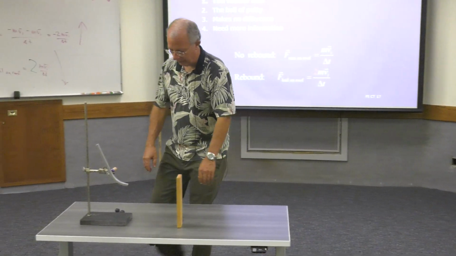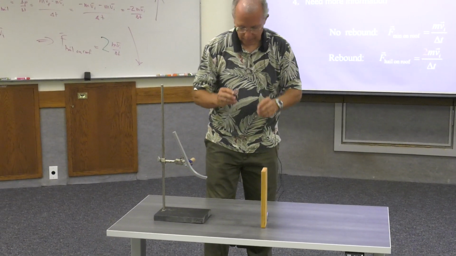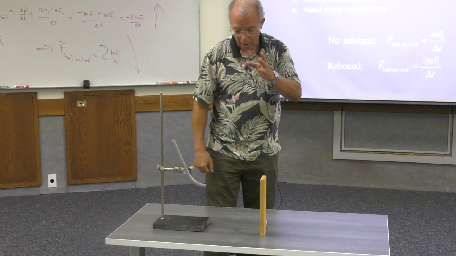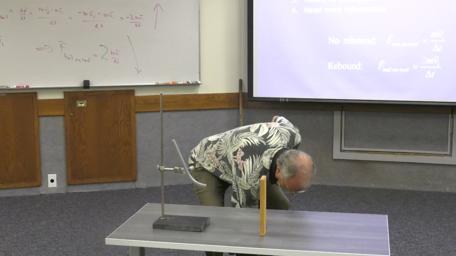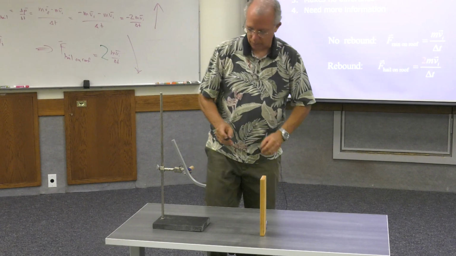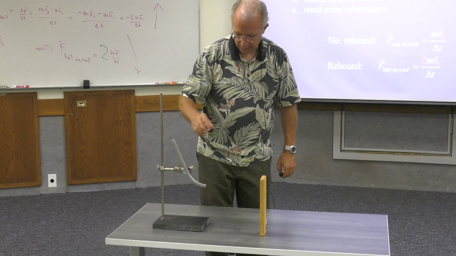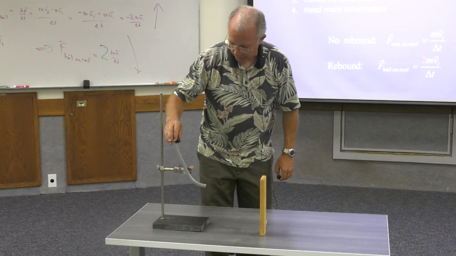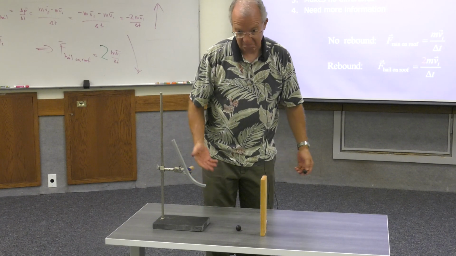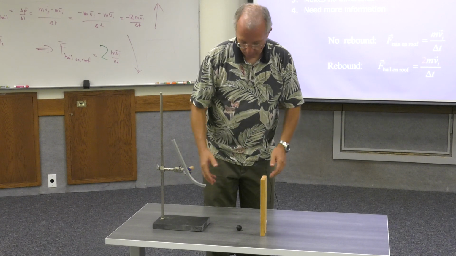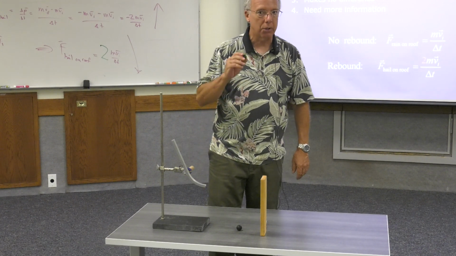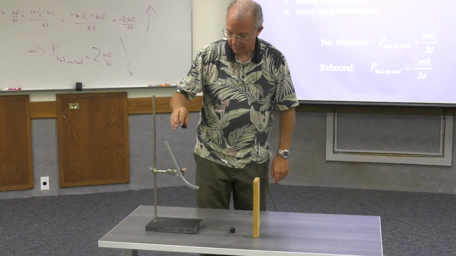Okay, so again, this is the happy ball and the sad ball. All right, so piece of wood. This is the sad ball, so there's no rebound. Now this is the happy ball, so it should exert twice the force that the sad ball did.